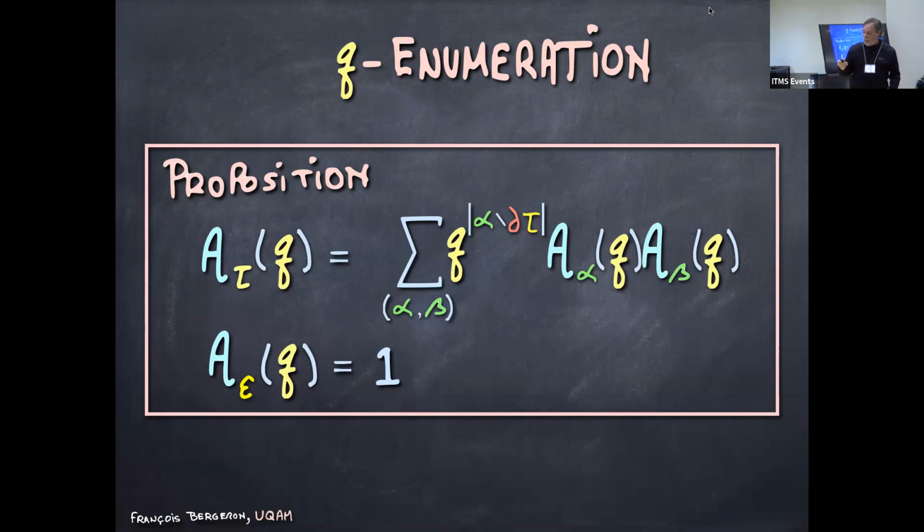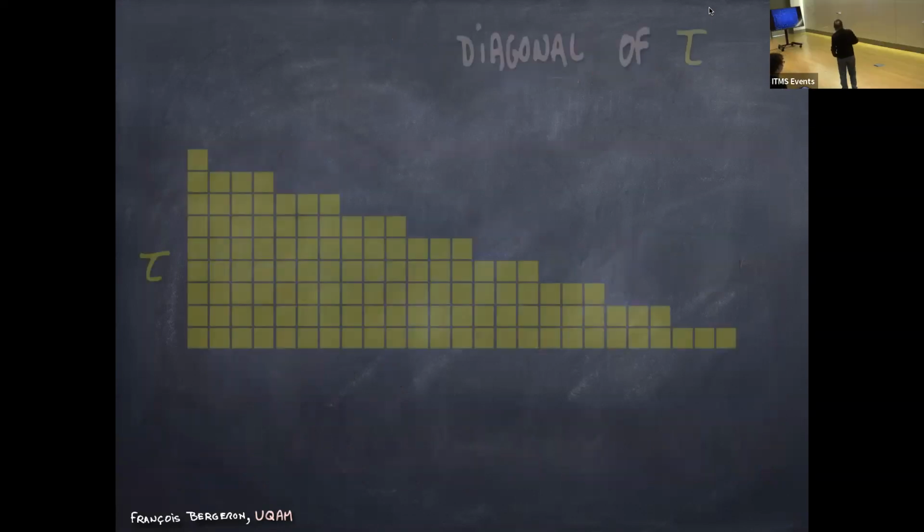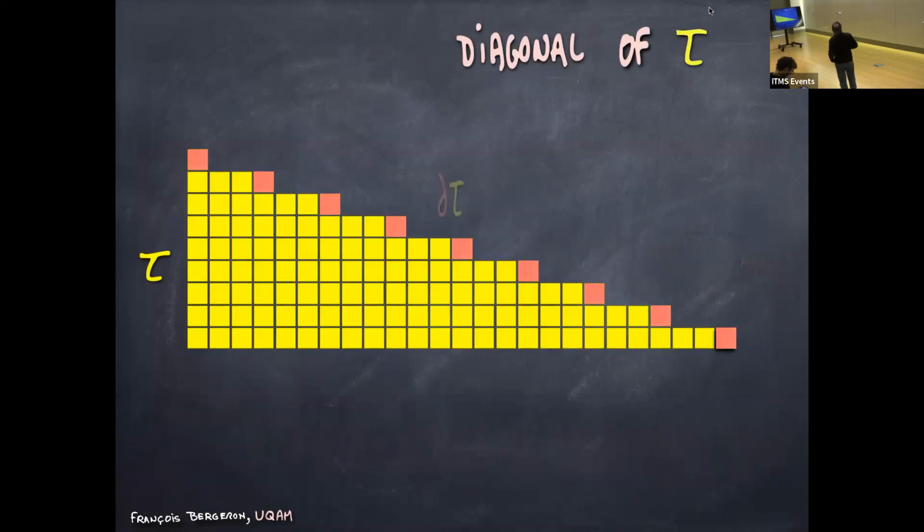So we have a recurrence for these q counts where you can break things off in two parts, as we usually do. The proof of this is the classical first return to diagonal proof, but the notion of diagonal is a bit different. So let me show you the classical first return to diagonal.